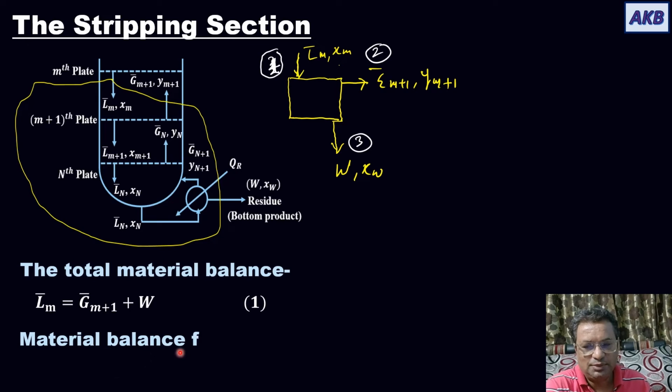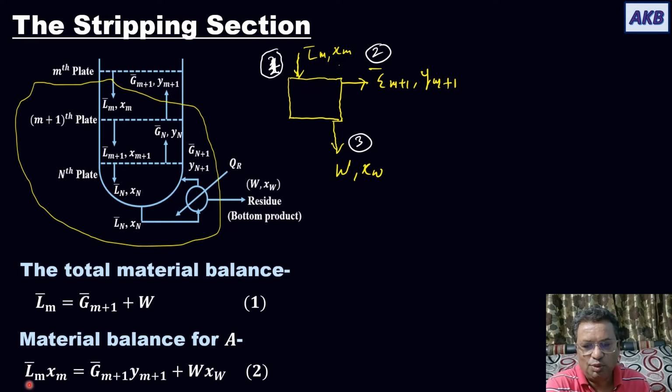Then if you write the material balance for A at steady state, that is the material balance for the more volatile component, it will be L bar m into xm, that is equal to G bar m plus 1 into ym plus 1 plus W into xw.